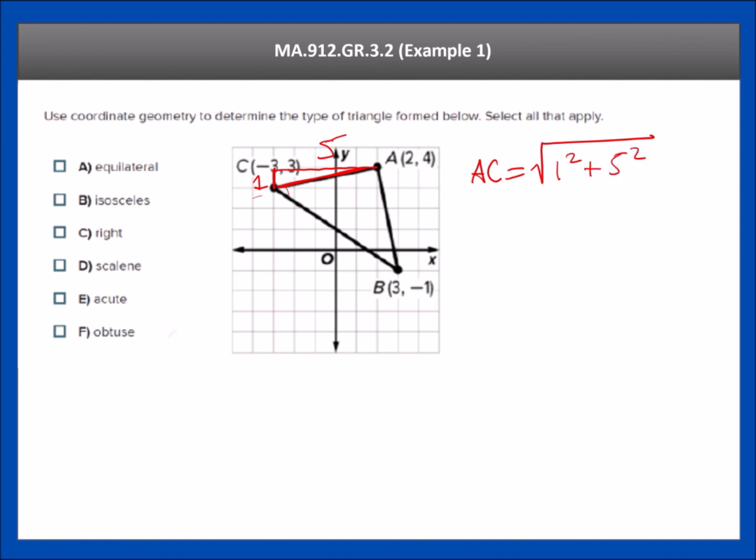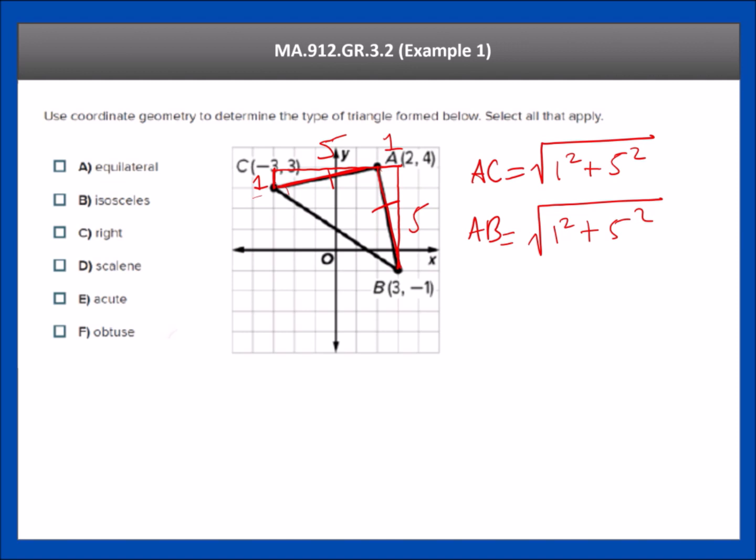We're going to do the same thing for AB and see what we get. AB equals square root; we go 1 over, and then 1, 2, 3, 4, 5. They have to be congruent because they have the same sides, 1 and 5, 1 and 5. So I'm going to say that these two are congruent for sure.